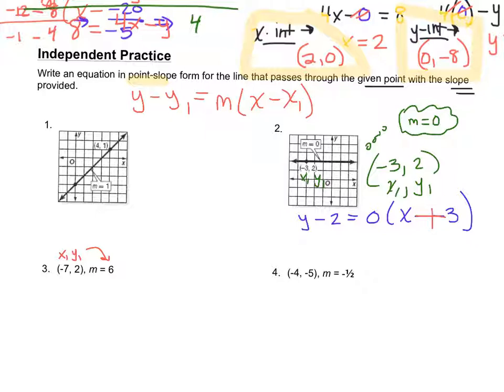This becomes plus. That, as you see right there, 0 times anything is just 0. So you're going to get y minus 2 is equal to 0. That is your point slope formula. Also, remember, horizontal line, they want the equation in point slope. And at this point, you should remember, horizontal line has a slope of 0.